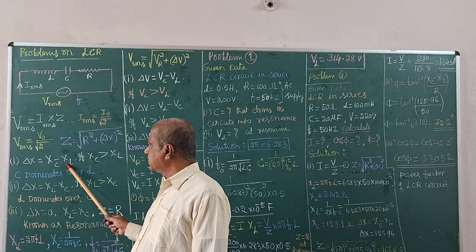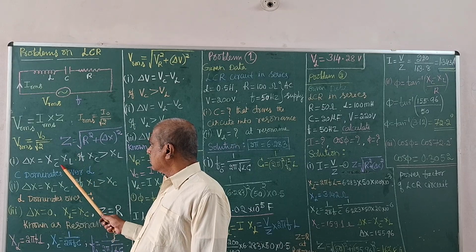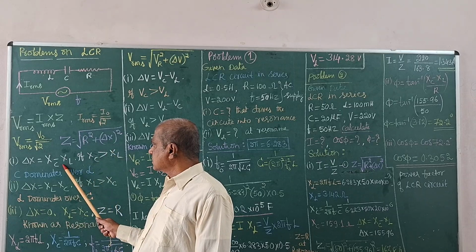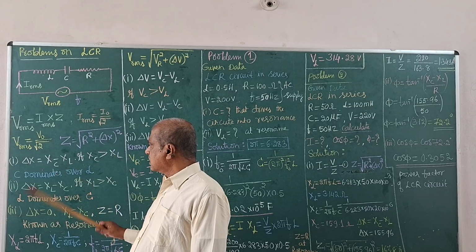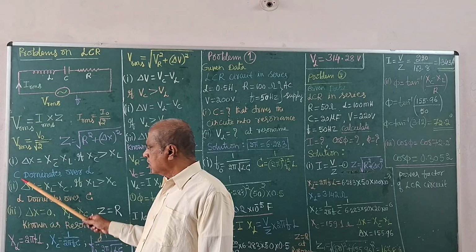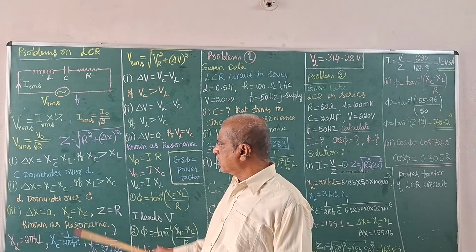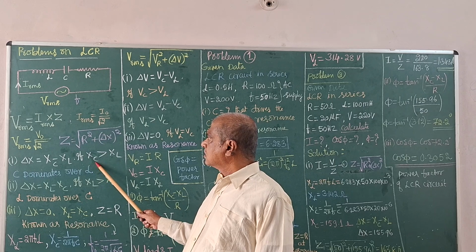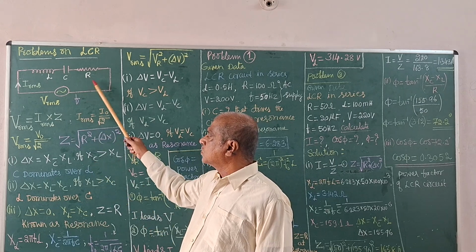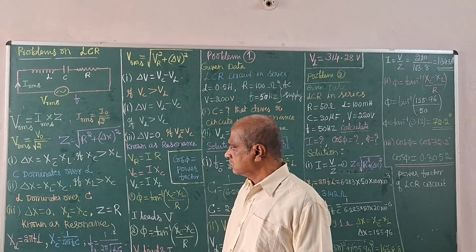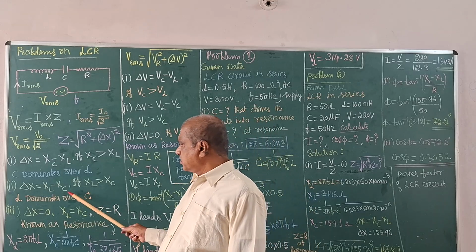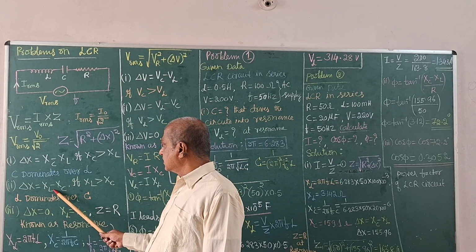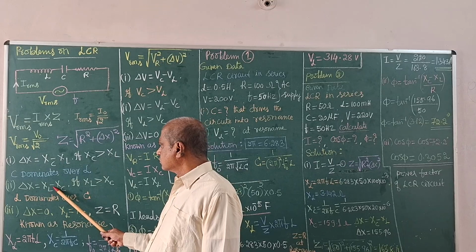There are three possibilities. Here XC is greater than XL. The difference is this. In this case, capacitance dominates over inductance. If that is the case, it is called a capacitive circuit. The second possibility, if XL is greater than XC, delta X is this.